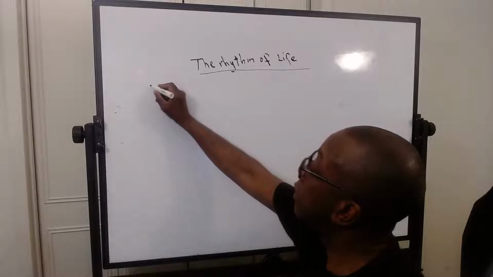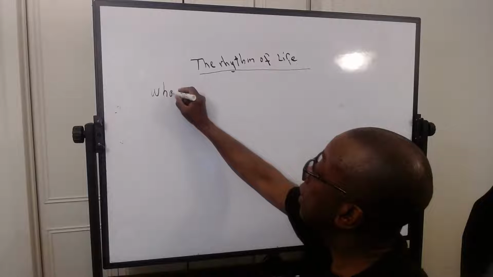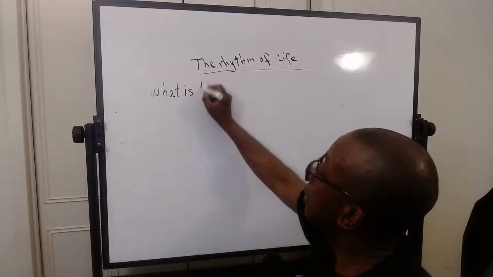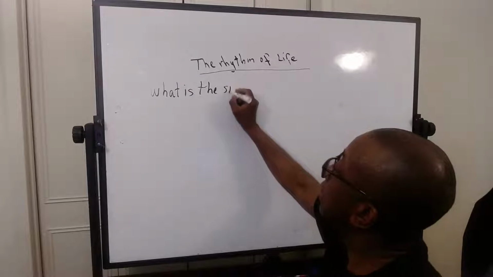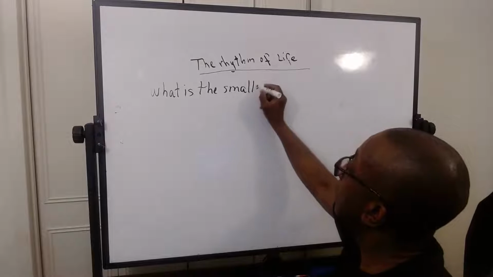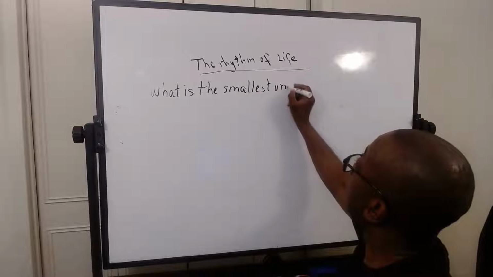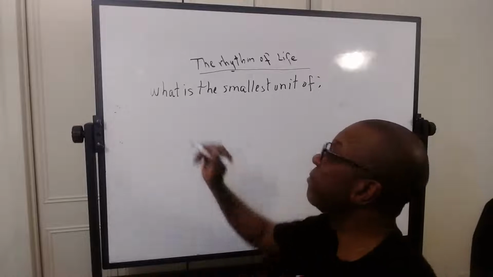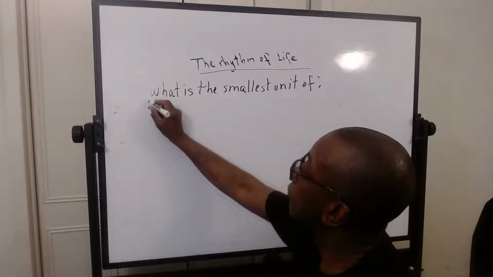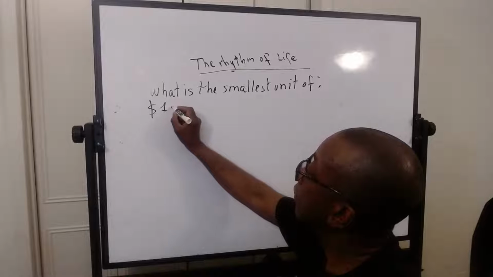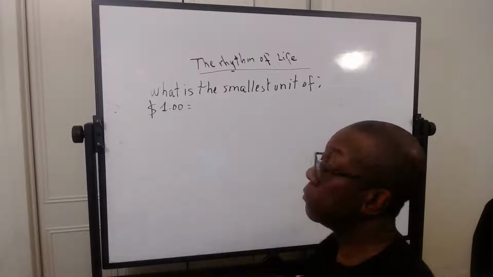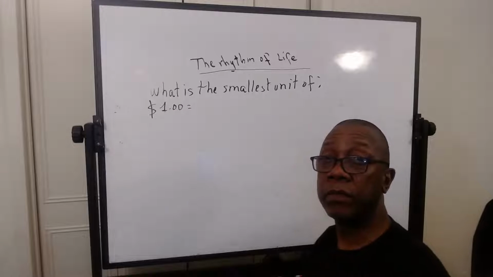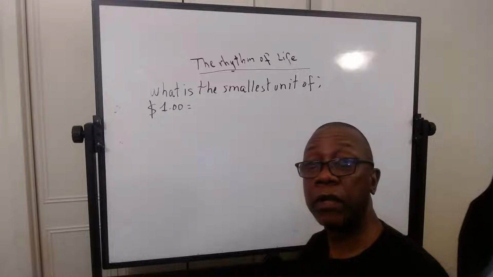What is the smallest unit of the following? A dollar. Everybody knows the smallest unit of a dollar. How could that be?